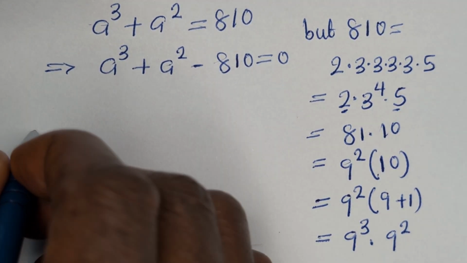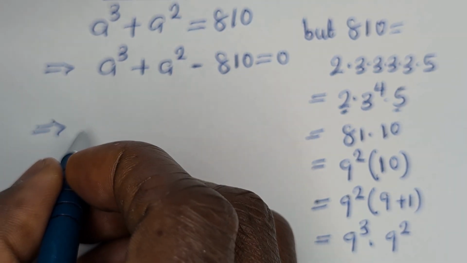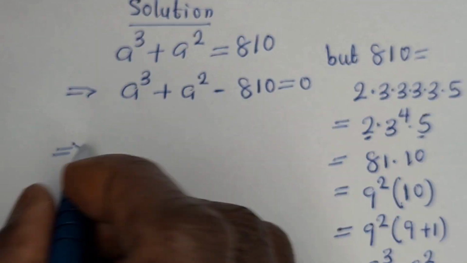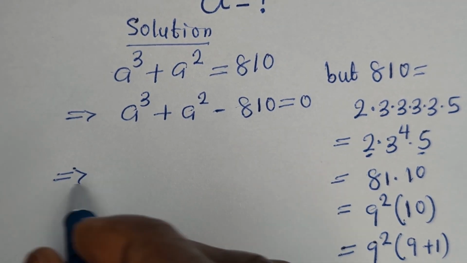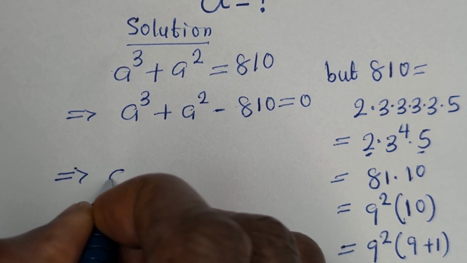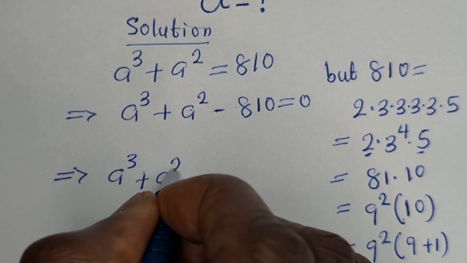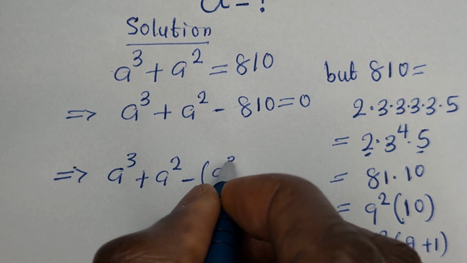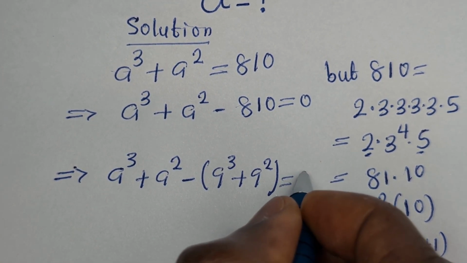Therefore, here we have a raised to power 3 plus a square minus 810 is 9 raised to power 3 plus 9 square is equal to 0.